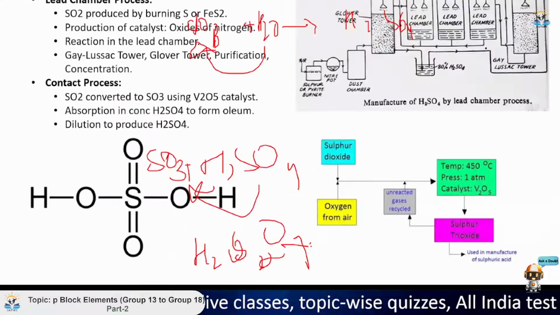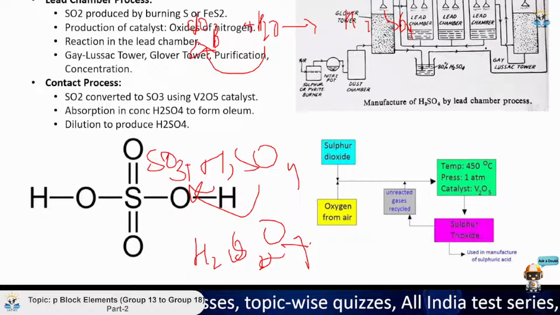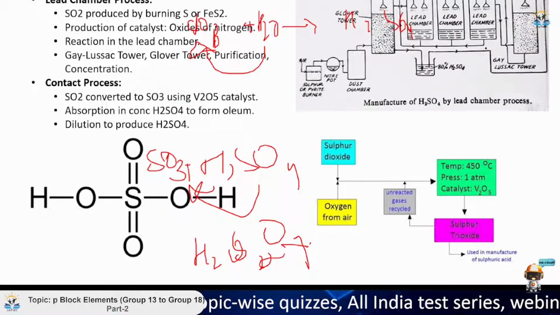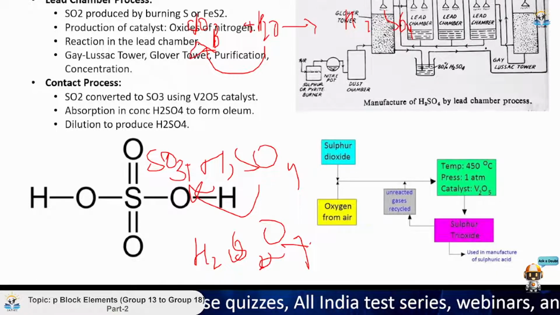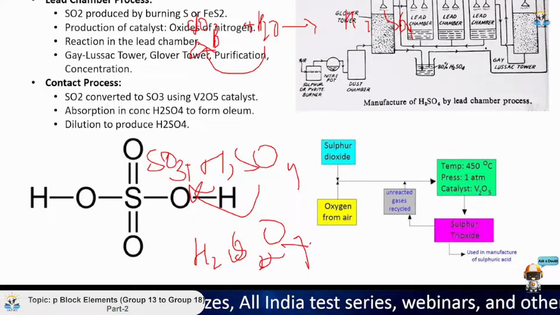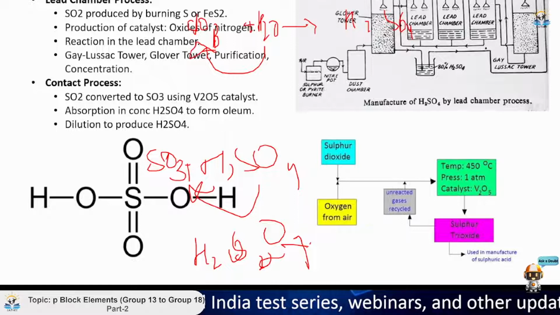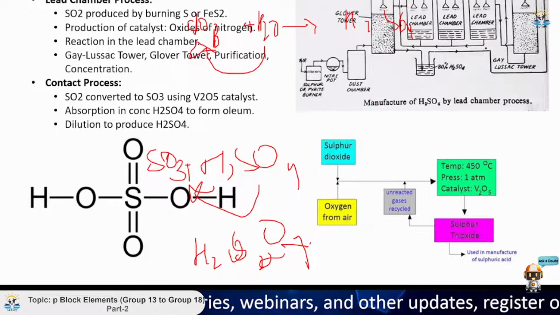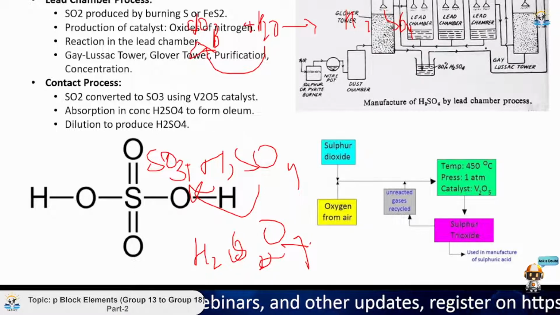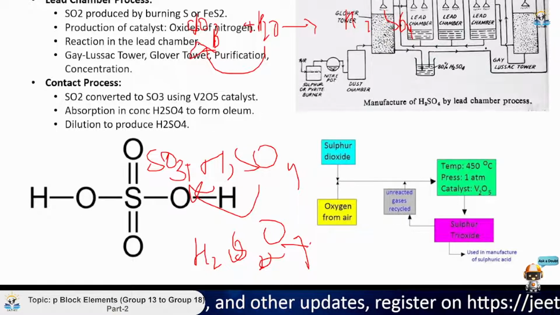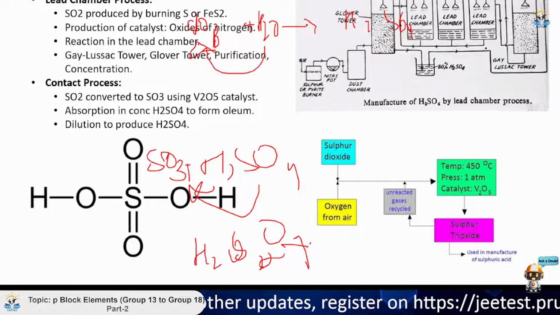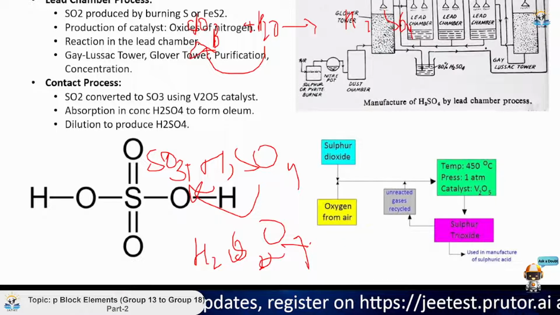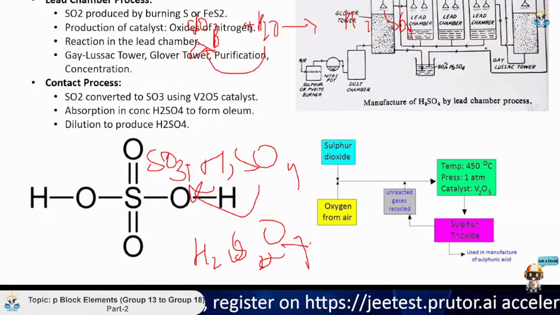So H2S2O7 is what we call oleum. And then you hydrolyze the oleum. That is the overall view of the contact process. And in the middle, we use a catalyst called vanadium pentoxide, which is primarily used in the conversion of SO2 to SO3.